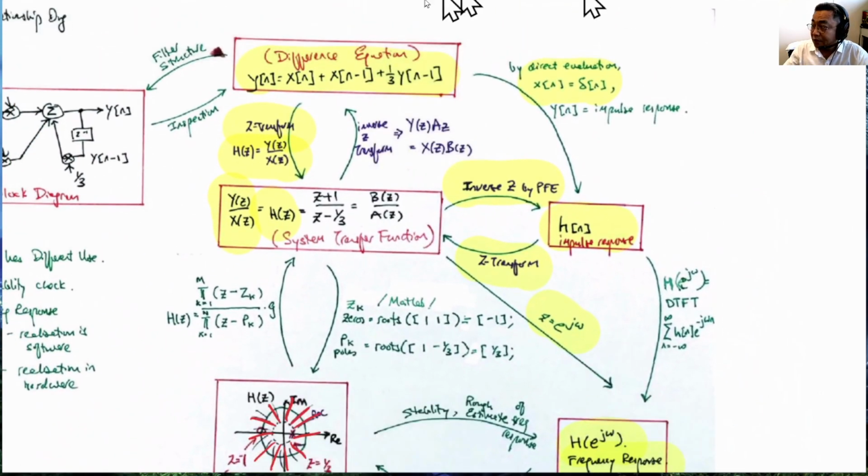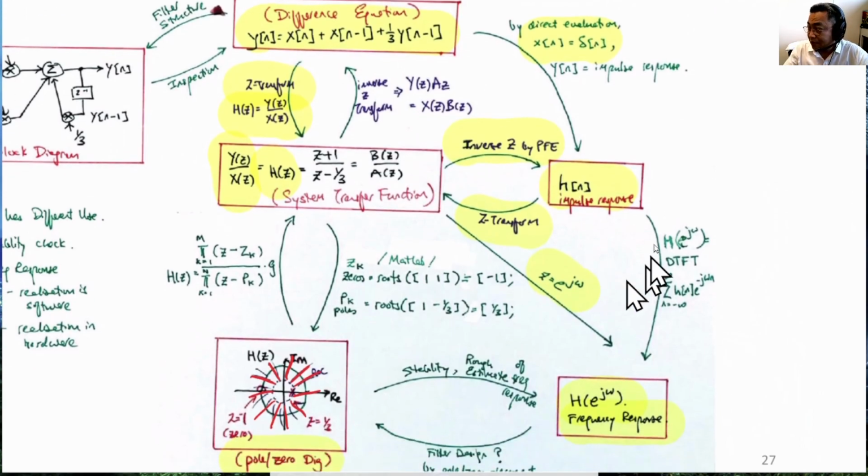Alternatively, the other way to get it is we get from the difference equation, we generate the impulse response. How we do that, if you remember, is we send an impulse, x[0] equals 1, and x[n] equals 0 for the rest. We send this and compute the difference equation to get the impulse response, and the impulse response is of course aperiodic, and we will take the DTFT, the discrete time Fourier transform, to get H(e^(jω)).